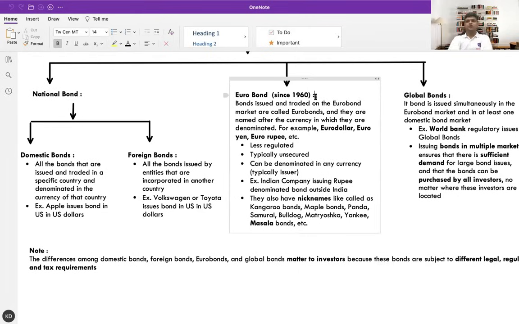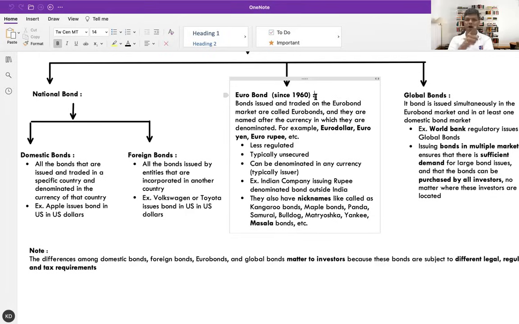Now comes a very interesting situation. Let's say there is an Indian company called TCS, Tata Consultancy Services, an IT giant, right? Now what if TCS issues bonds in US dollars in the US? Okay, this question is for you all.